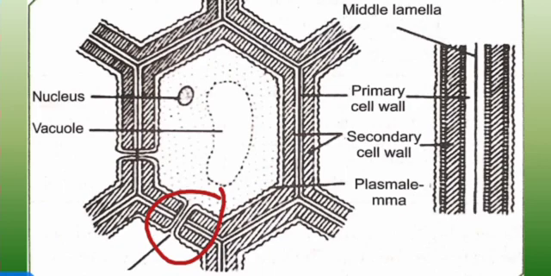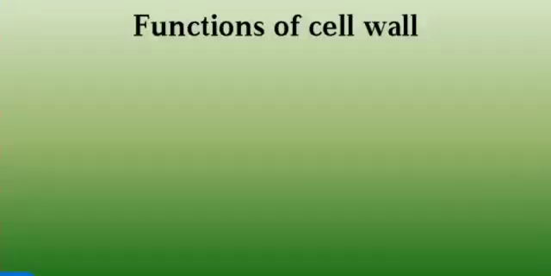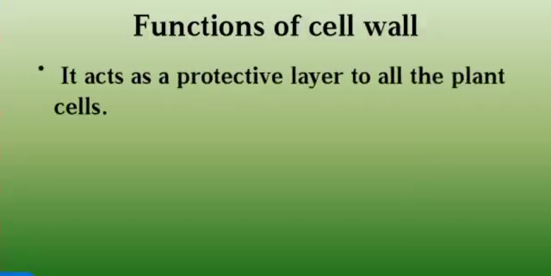Then, what are the functions of the cell wall? The first function is that it acts as a protective layer to all the plant cells, since we know the cell wall is present only in plant cells.